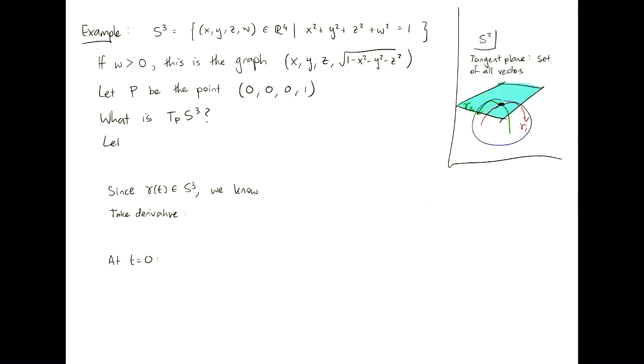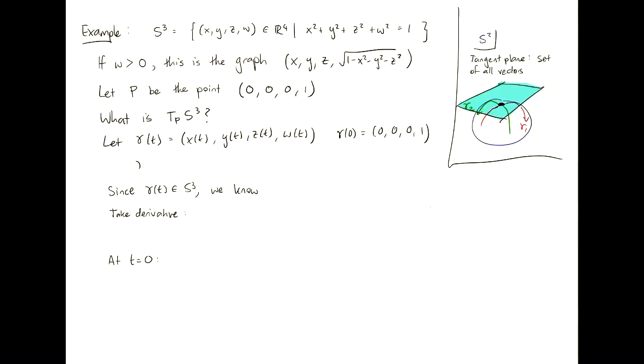Let gamma of t be x of t, y of t, z of t, and w of t. So we have curves in space. And we want gamma of naught to be 0, 0, 0, 1. So our curves in space pass through the point we care about on our three-sphere.